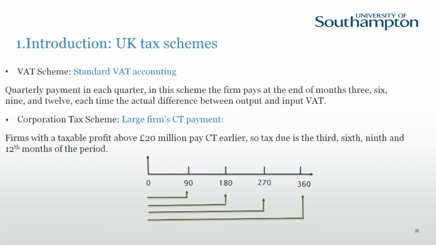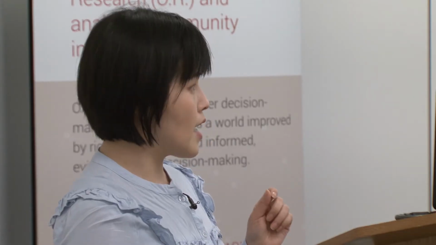Similarly, the corporation tax scheme has versions for small, medium and large firms. Here we adopted the large firms corporation tax scheme, also on a quarterly basis, and it should be paid within a 1 year time period.